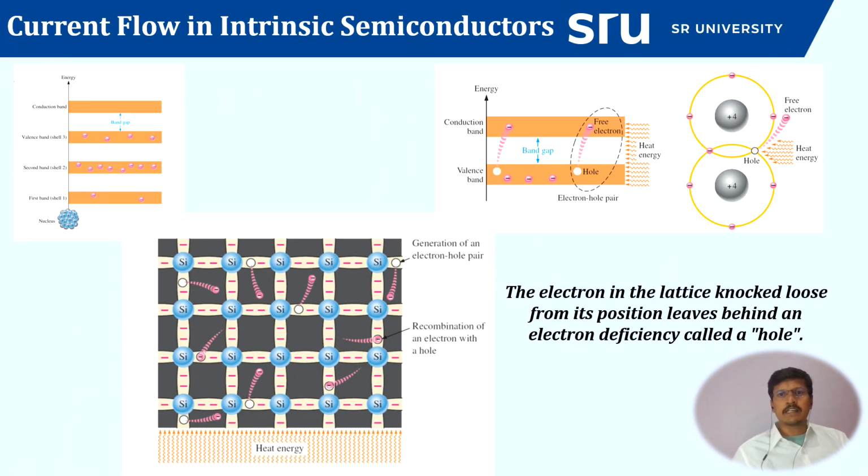Now, let us understand how current flow takes place in intrinsic semiconductors. Suppose a voltage is applied across a semiconductor crystal. The electric field created by the applied voltage exerts force on the charge carriers.